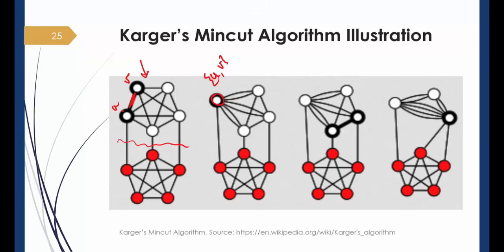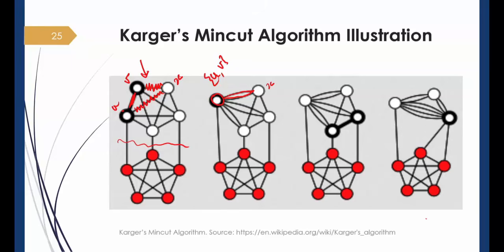And of course, the self loop is thrown away, but notice that there are multi edges that are created. For example, there is an edge between v and, let us say, x. There is also an edge between u and x. Now, between the super node that includes u and v and x, we have to include both of those edges. And then we proceed, and similarly all other multi edges are also retained.